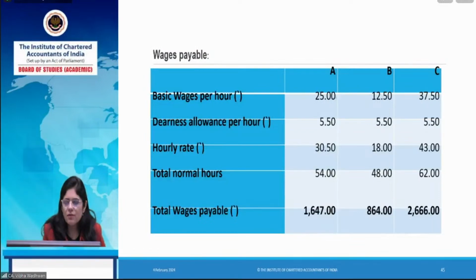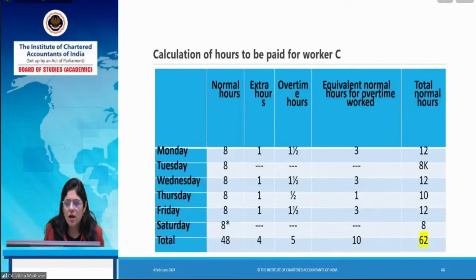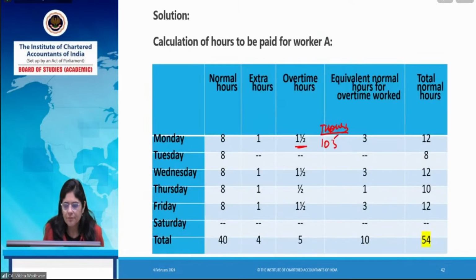Basic wages are 25, the DA allowance per hour is this rate, that means the total normal hours are 54. Actually, they have made the equivalent for the DA. So this is how it is paid. I hope you have understood for A. It's 1100 plus DA you can add. I hope you have understood for A.